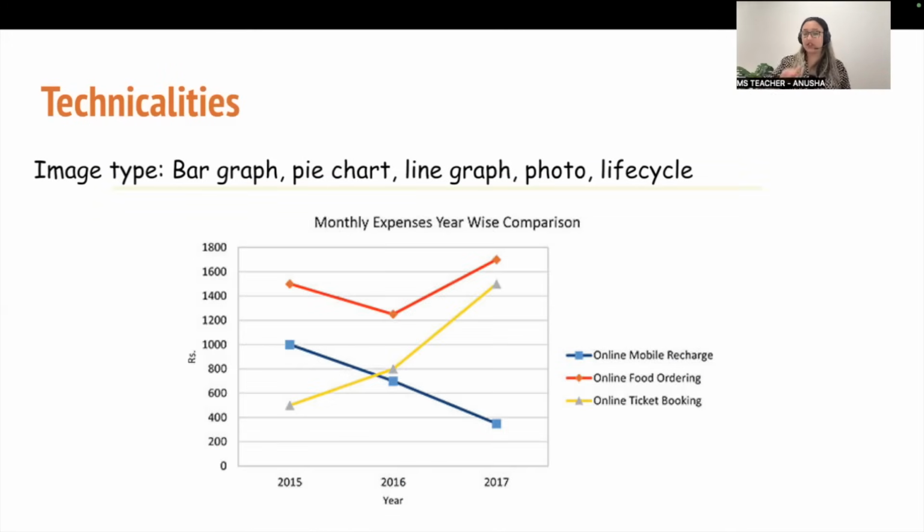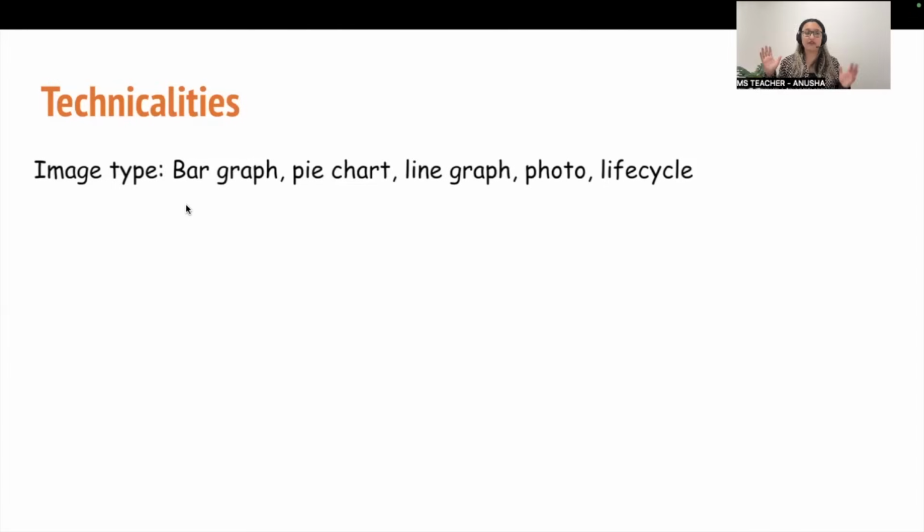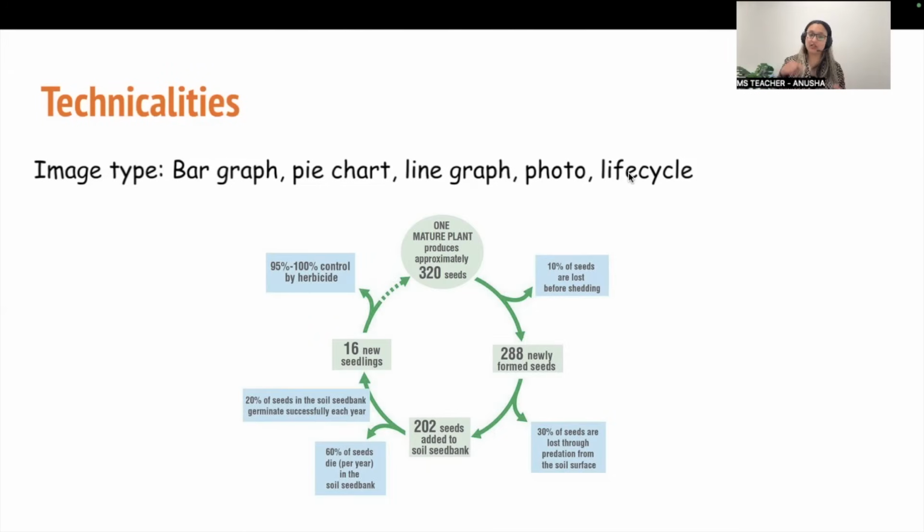Especially when you see a line graph, there will be an increasing trend or a decreasing trend or a fluctuating trend. Photo: anything like this is a photo, so you can see a pretty woman. Yeah, that's a photo. And life cycle of a moth, life cycle of any plant. There will be some days given, some weeks given. Yeah, that's a life cycle.